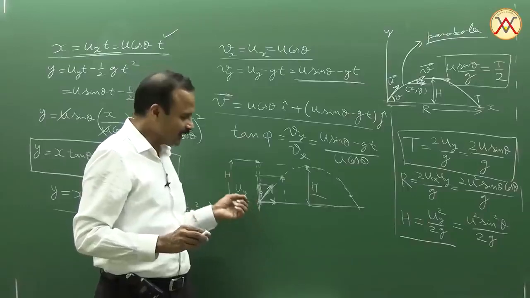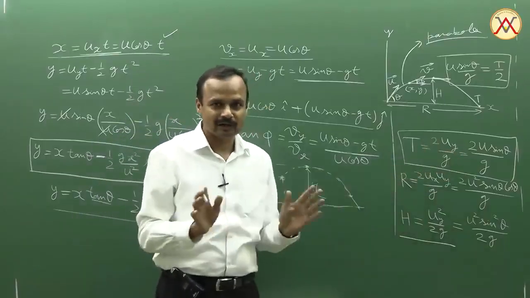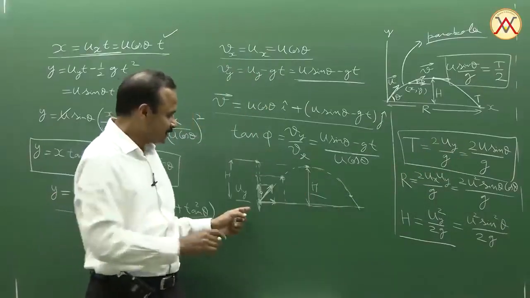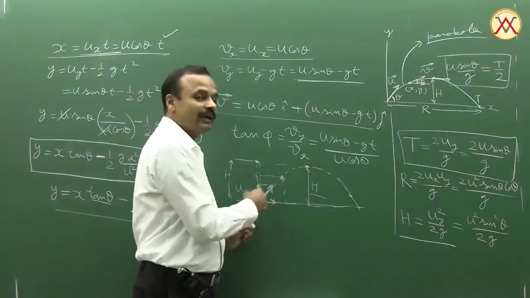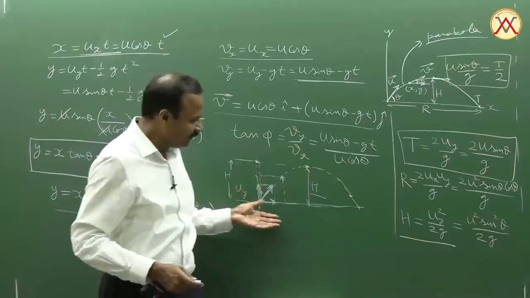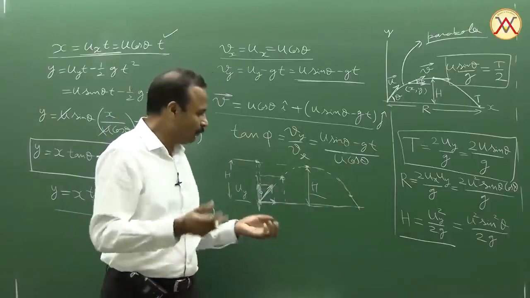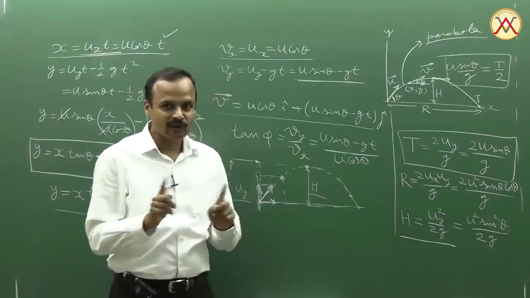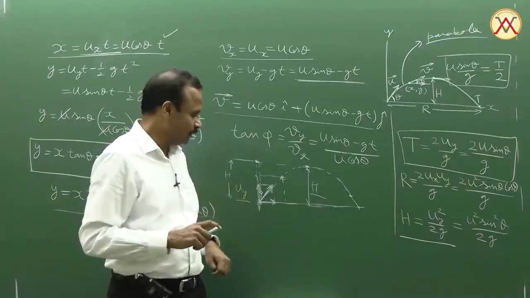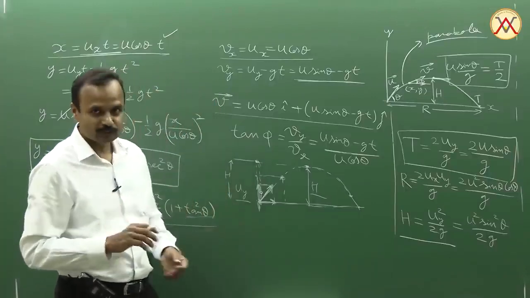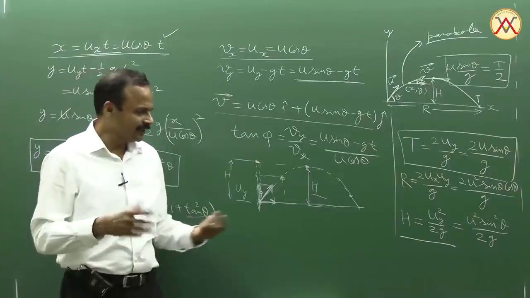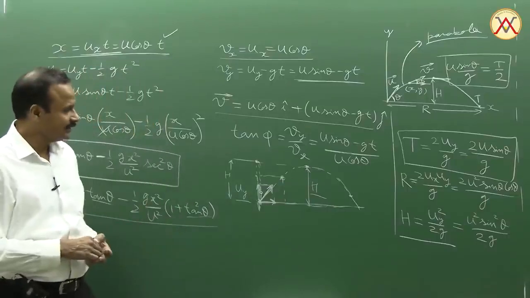It's not that if the ball is rolling, that will count in the range. So if you have only x component and no y component, the particle may roll. If it is, let us say, a ball, the ball may roll, but that will not count in range, mind you. Alright. So the concept of range should be very clear. And we will discuss it in more detail in some time.